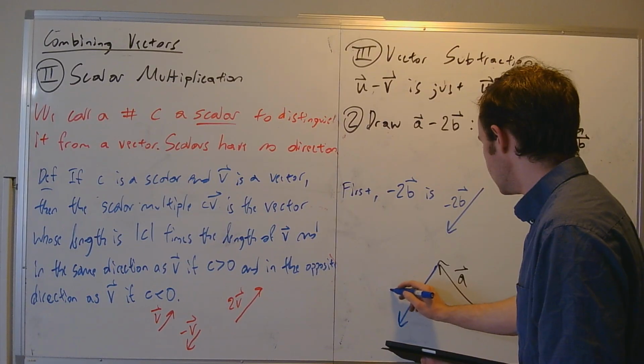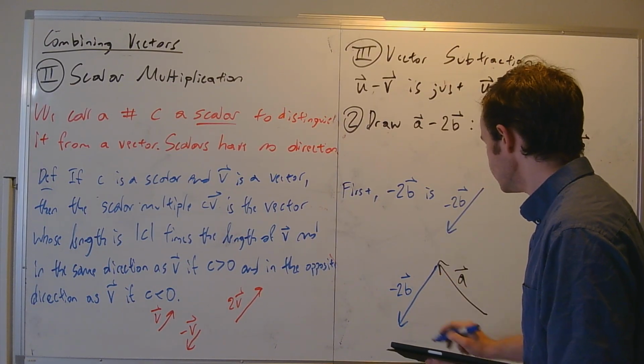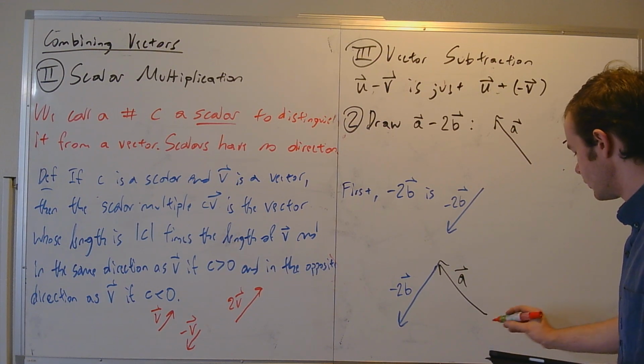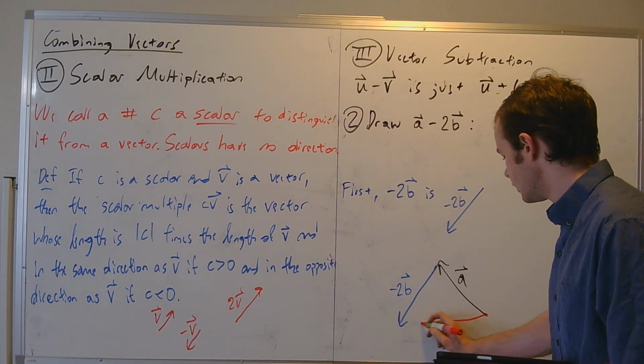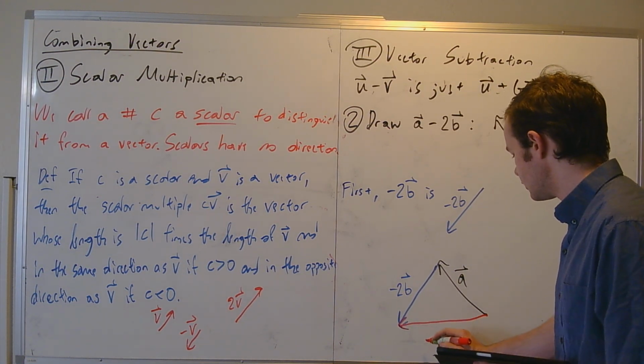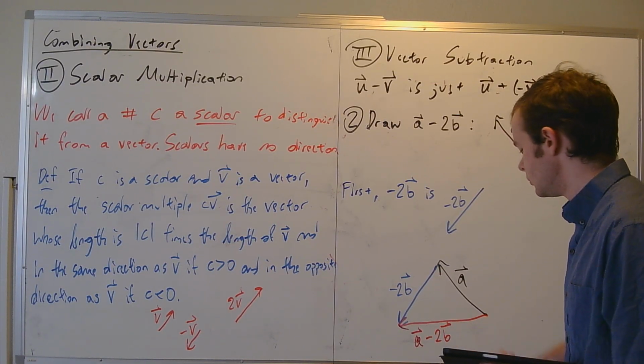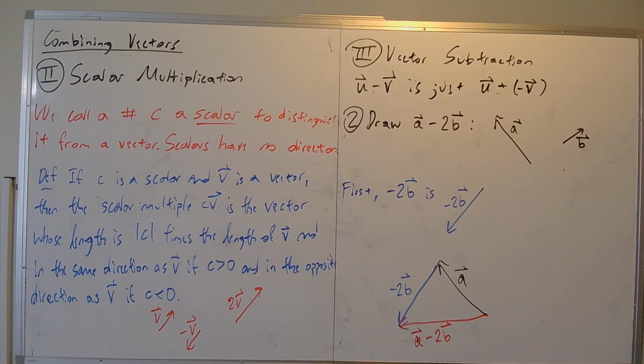So this was our minus 2b. So we've got a minus 2b. That gives us our resulting vector here in red, which is going to be a minus 2b. That would be our answer. Okay, so that's our vector.